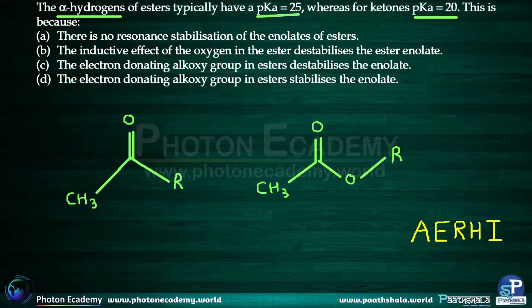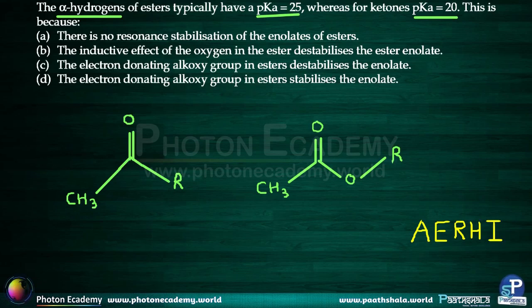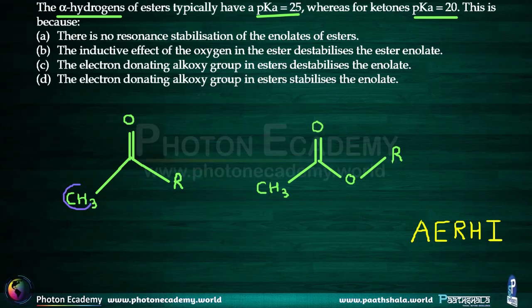Now in these cases, whenever we talk about acidity, the central concept is that higher the acidity, lower is the pKa value, and acidity basically is developed when a hydrogen atom is released in the form of a hydrogen ion, leaving behind the conjugate base or a carbanion. Now one of the alpha hydrogens will be released as a hydrogen ion from this location, thus leading to the formation of a negative charge over here.